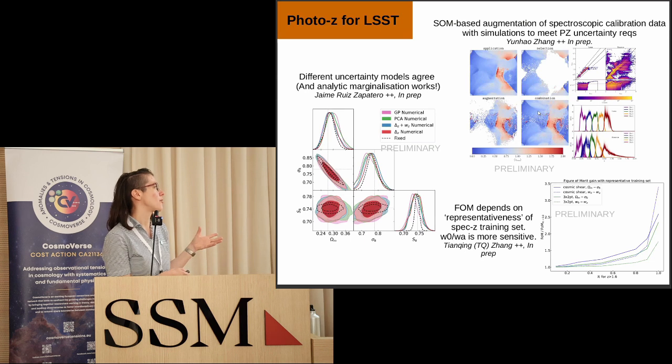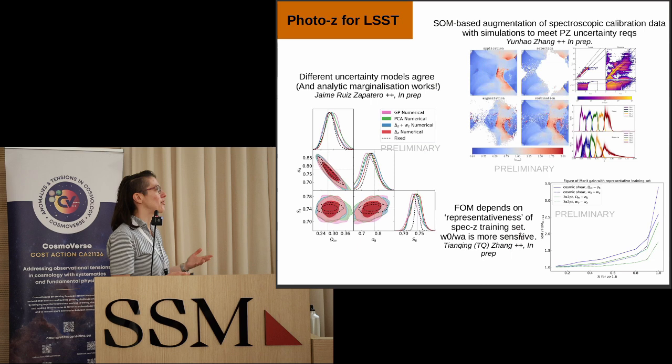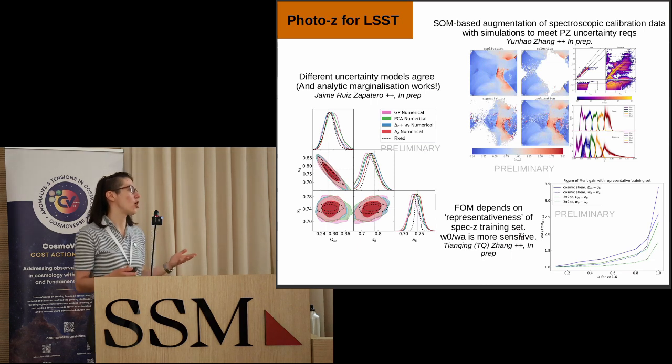Again, to do with the spectroscopic training set, we have this paper by TQ Zhang at University of Pittsburgh that's also in preparation, which is looking at the representativeness of the spec-z training set at higher redshift. So how does the figure of merit actually depend on how representative your high redshift training set is?